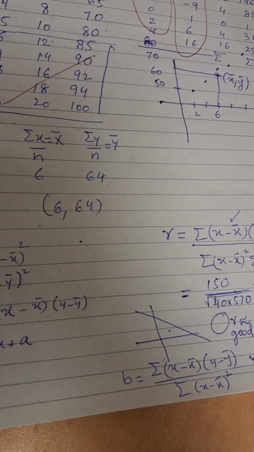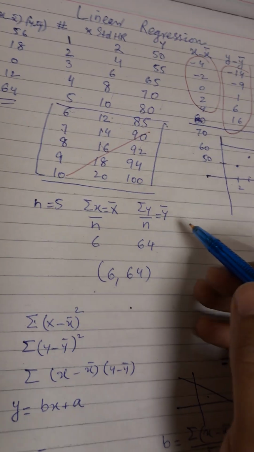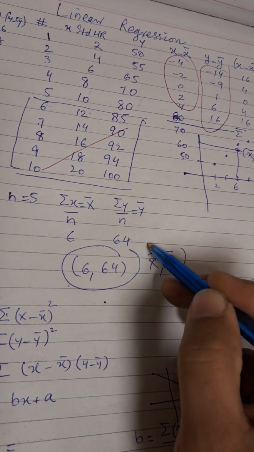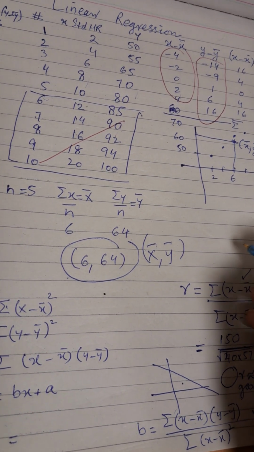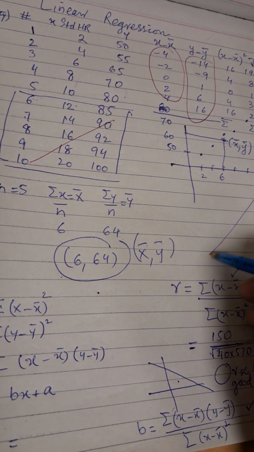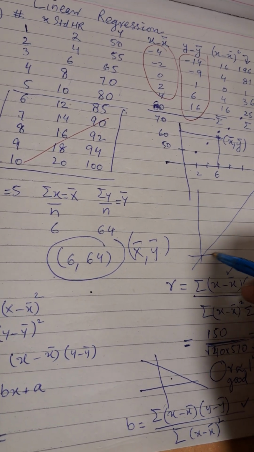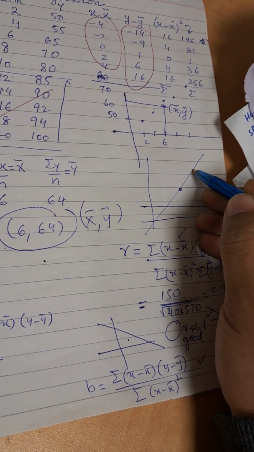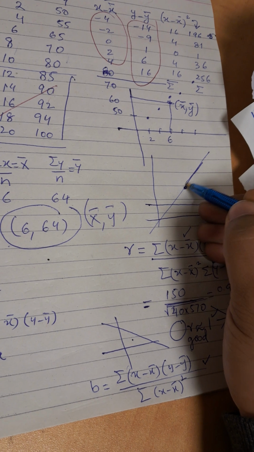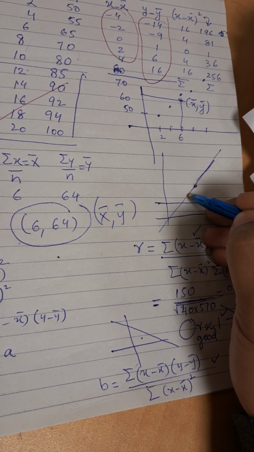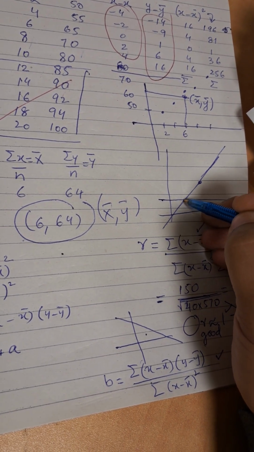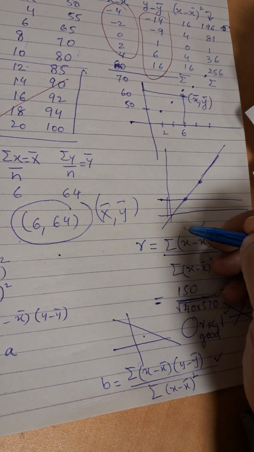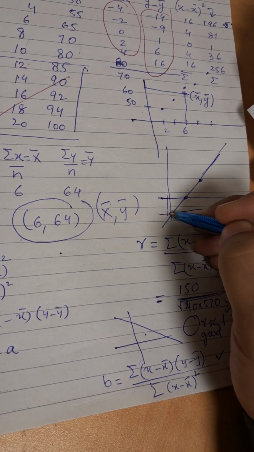The intercept is very easy, to be honest, because we had already calculated the means x bar and y bar, and we know that if we have the mean and the calculated slope, that would lead to where the line would intercept the axis. Had the axis been here or here or wherever, we can calculate the intercept.